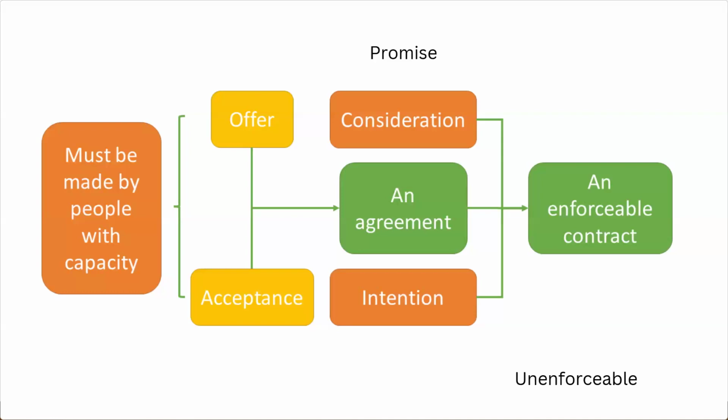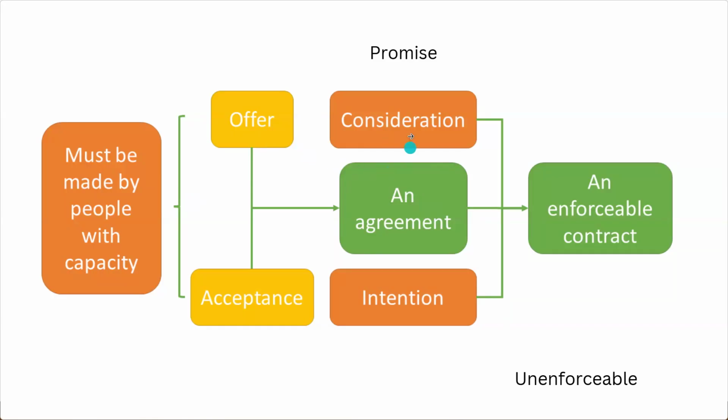Therefore, creating an enforceable contract is very important, and we need to ensure that our agreement, our document, has all of these 5 elements. When the offer and acceptance meet each other, we have an agreement. If you argue this agreement in court, the court will consider 2 or 3 other elements. They may consider the capacity of the one who creates the offer or acceptance.